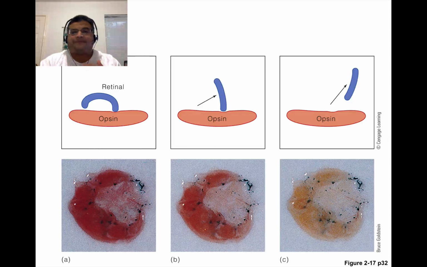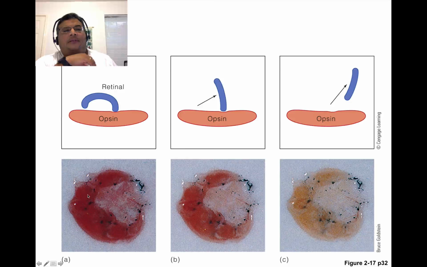So here's a cartoon drawing. You can see why it's called retinal bleaching because this is a retina. This is actually a dissected retina. It's been taken out of an eye, probably a cow eye, perhaps. But this is what it looks like when the retinol and the opsin are linked together. And this is what it looks like when the retinol has been activated by a photon.